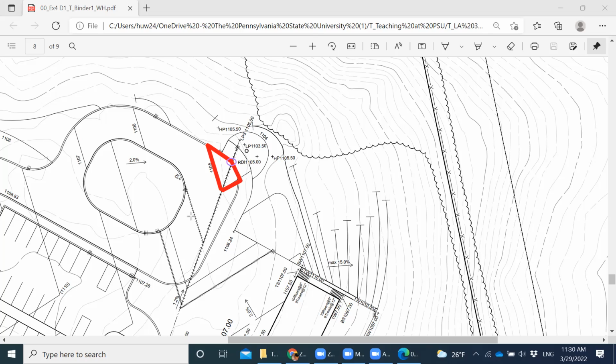You do not need this trench drain. Water will keep flowing down, and this is where it comes out of the system. There's a curb cut over here, and it comes out to the retention in the north. You do not need that either.